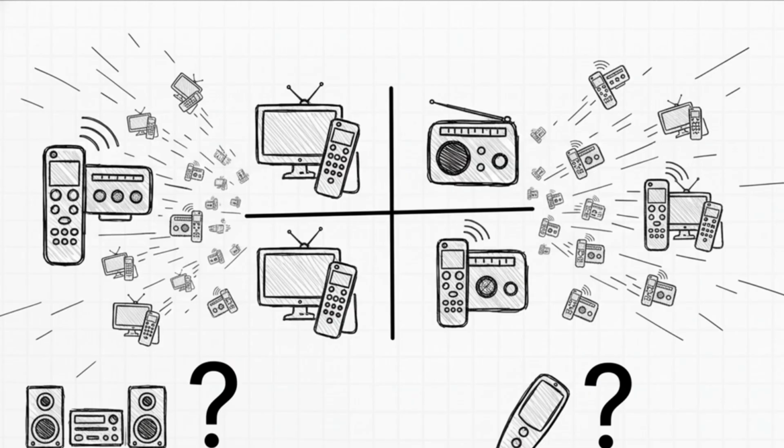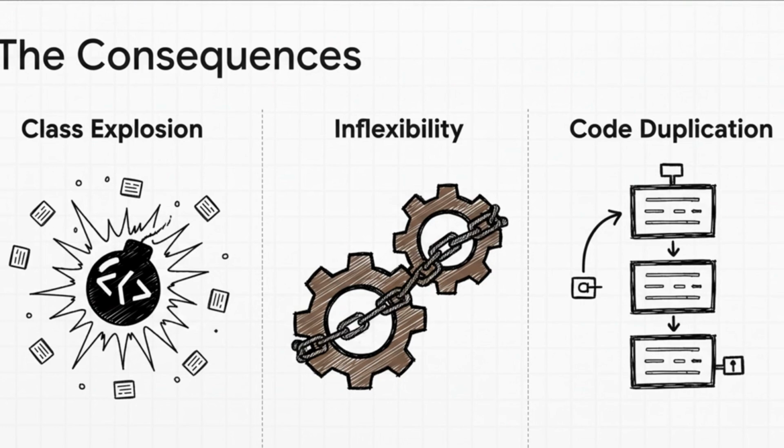What happens when marketing wants to add a Blu-ray player or a new smart remote? The number of classes you need to create and maintain just explodes. It gets out of hand fast. And the fallout from this is pretty messy. First, you've got this class explosion. Your code base gets bloated and becomes a nightmare to navigate.